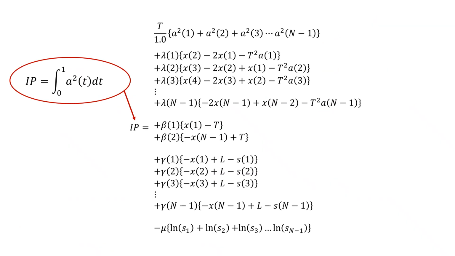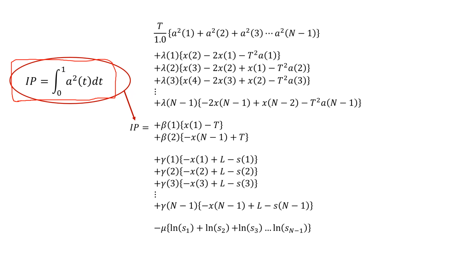So we would like to find an x and an a which minimizes this performance metric, where this performance metric is the integral from 0 to 1 of a squared dt. That is a minimization of the control energy.